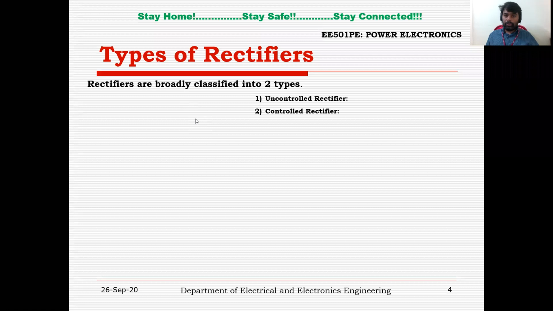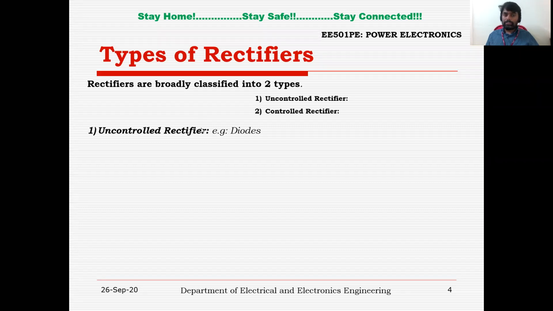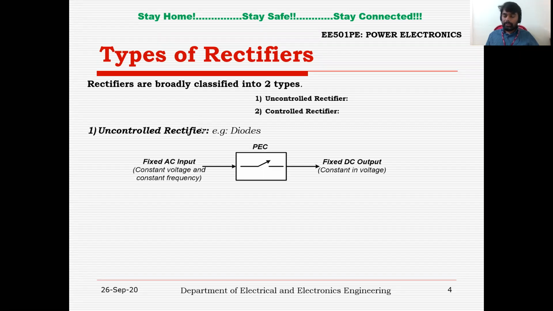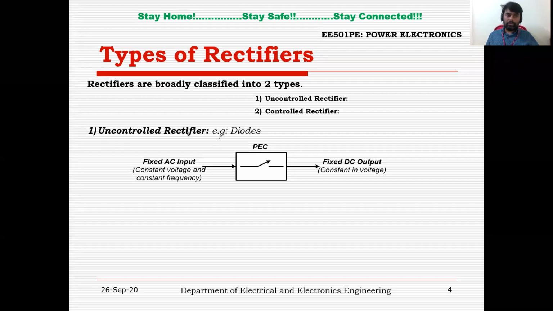Whereas in the case of a controlled rectifier, we are using controlled elements, which may be semi-controlled devices or fully controlled devices. The example of a semi-controlled device is the SCR, whereas fully controlled devices are MOSFET, IGBT, BJT, all those things. So let us discuss the uncontrolled rectifier.